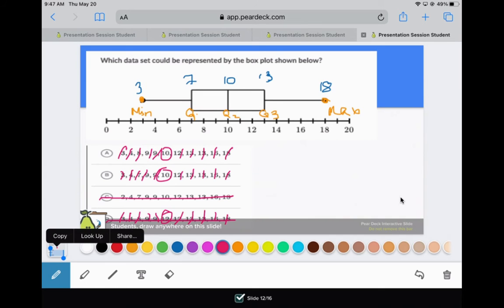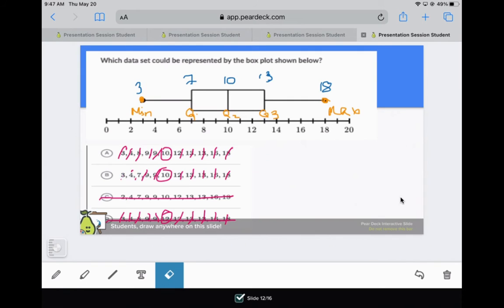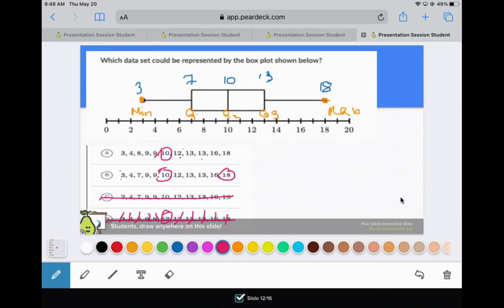So right now I'm just trying to figure out Q1 and Q3. Is this B? So I'm going to clear this out so that we can see why you think it's B. 3, 7, 10, 13, and 18. The minimum is 3, and then the Q1 is 7. Good.